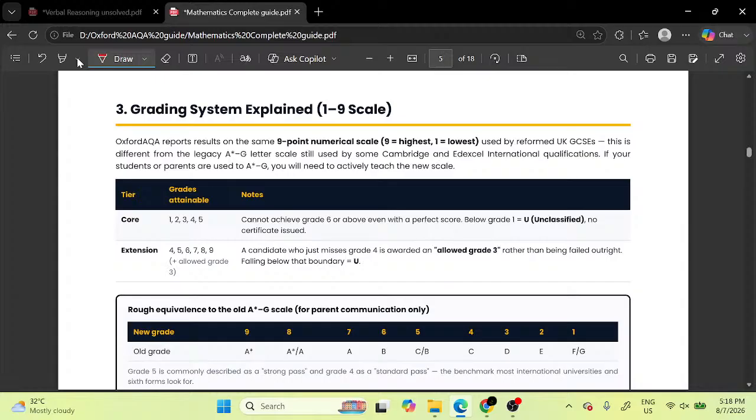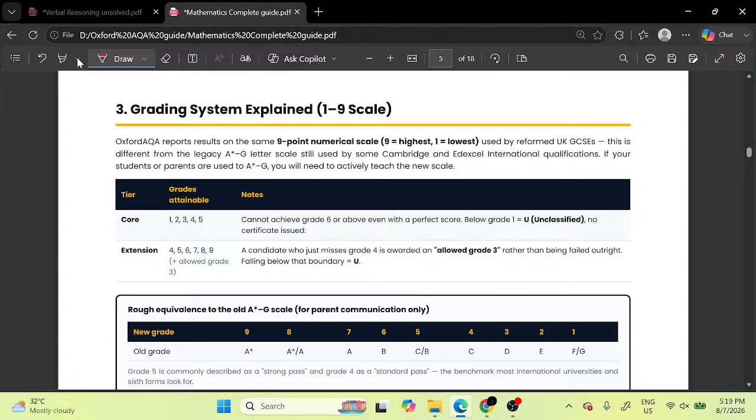Next, if we talk about the extended tier, the lowest grade is 4 and the highest grade is 9, but in some cases the lowest grade is 3. A candidate who just missed grade 4 is awarded an allowed grade 3. So a student who misses grade 4 by the barest of margins is awarded the allowed grade 3, rather than being failed outright.